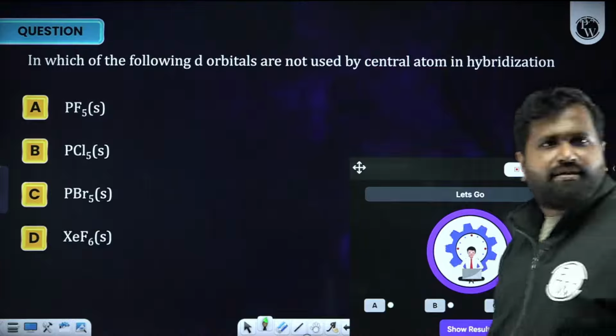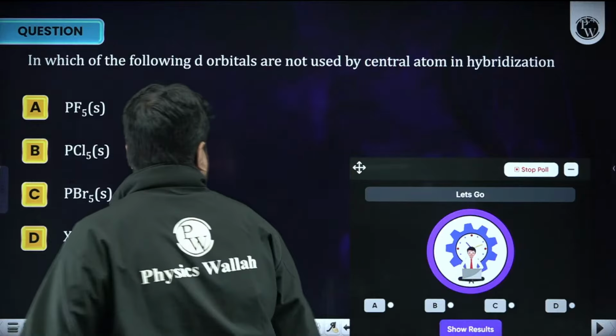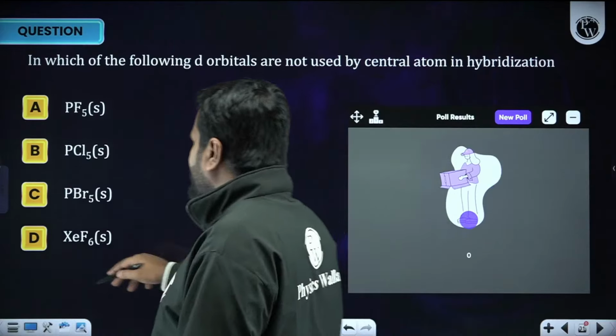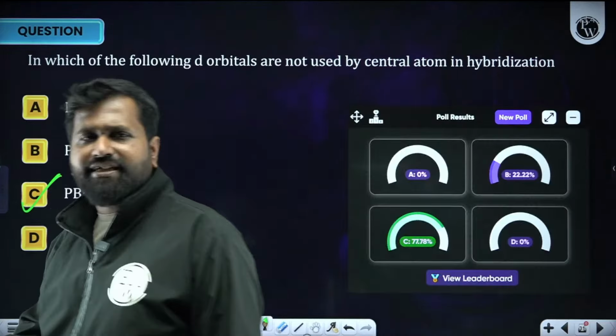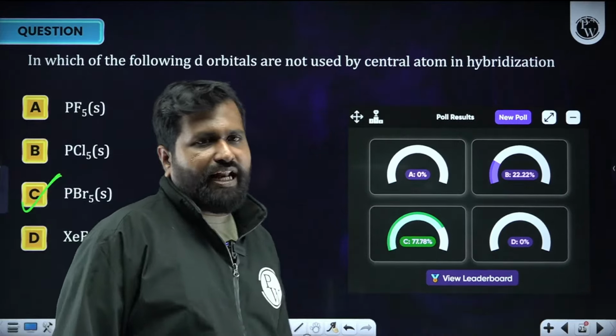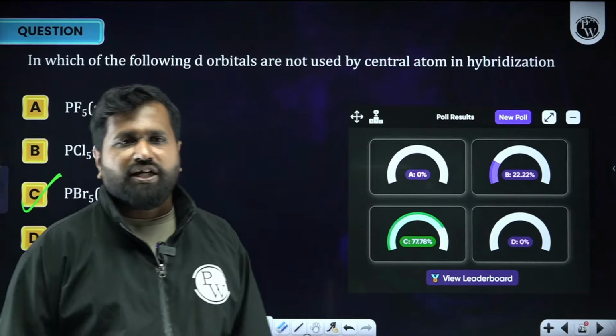Sir, small doubt, sir. What is the doubt? We can write and check the excited state electronic configuration. In that case, if we take PBr5, it is not used by the central atom in hybridization. D orbital will not be used.